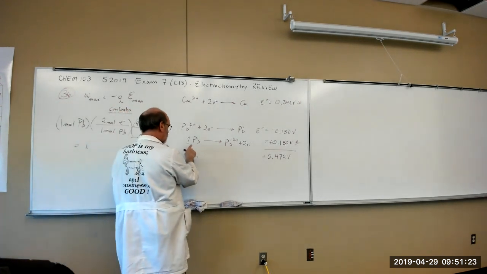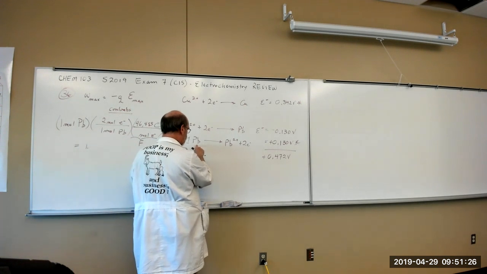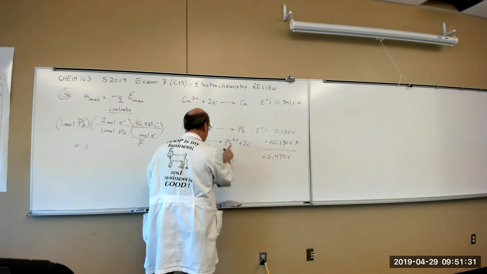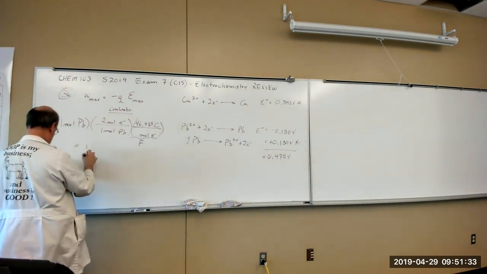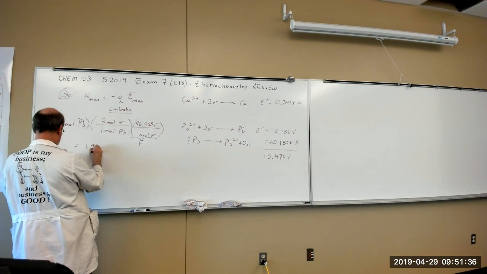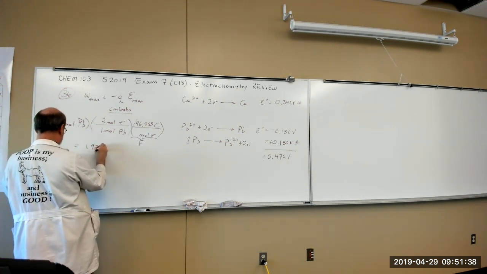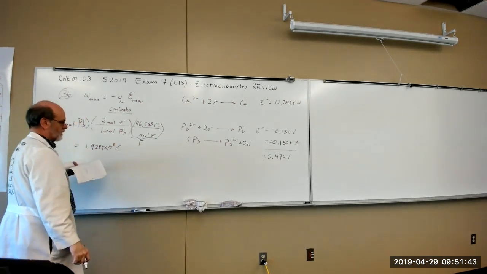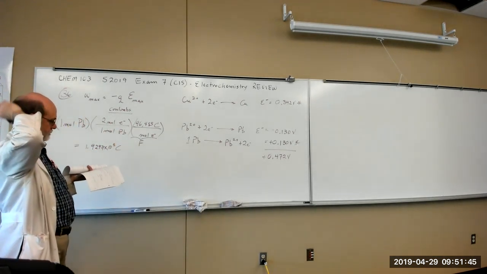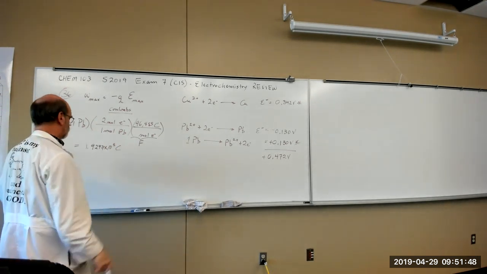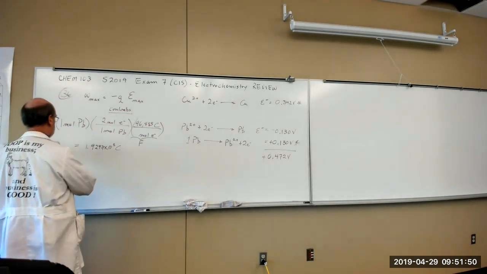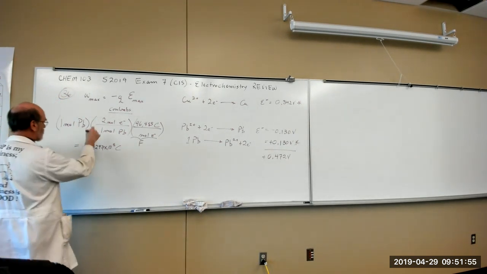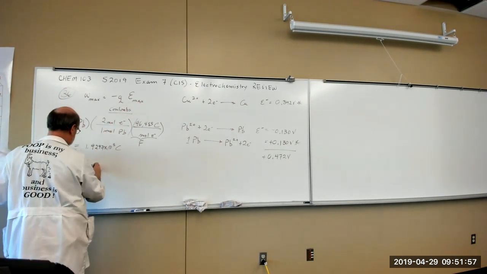So if we convert 1 mole of lead into lead 2+ ions, that represents 1.9297 times 10 to the 5th coulombs of charge. That's what that conversion means. Then find the maximum work. We'll take this value for our Q with a negative sign.